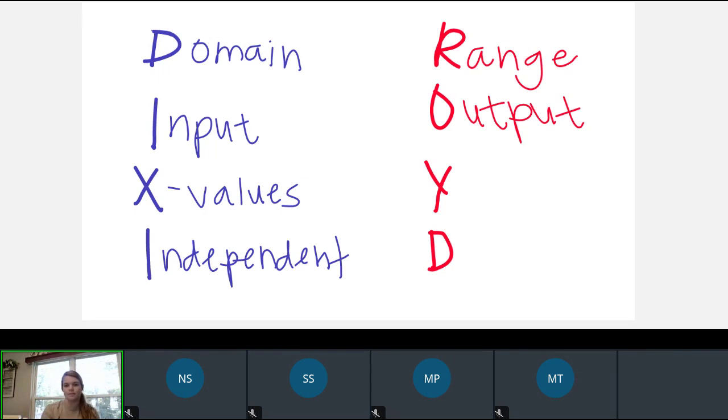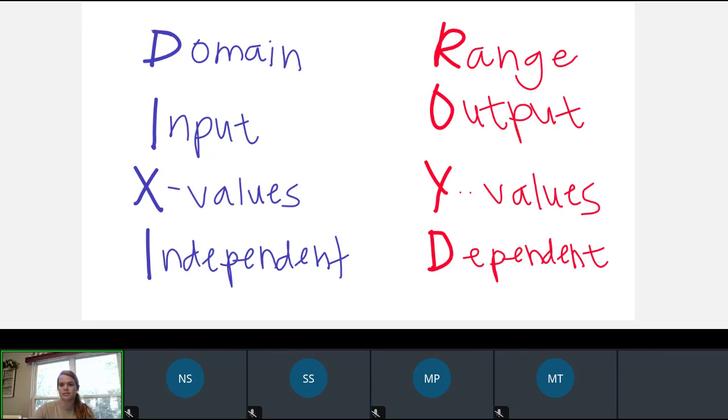That's our output. Okay. Also the Y values and also the dependent variable. Man, why is that word so hard for me to spell? Okay, so I'm going to pause here for a second if anybody wants to write that down or take a picture.